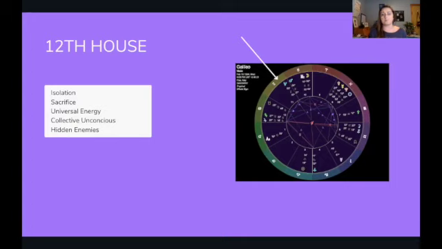Here is a point where we may have to make sacrifices in order to connect with universal energies and the deeper collective unconscious that we need to understand and process alone as ourselves in order to complete this journey through the zodiac wheel. It can also be the house of hidden enemies.